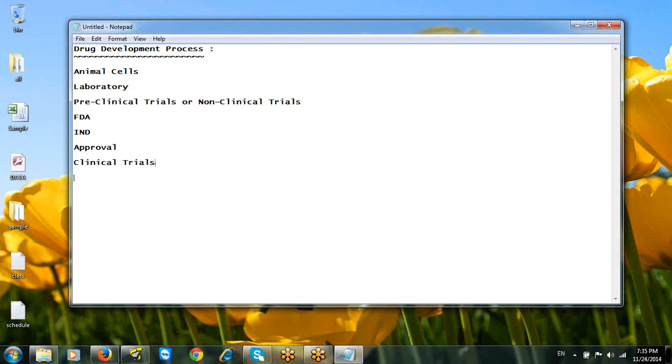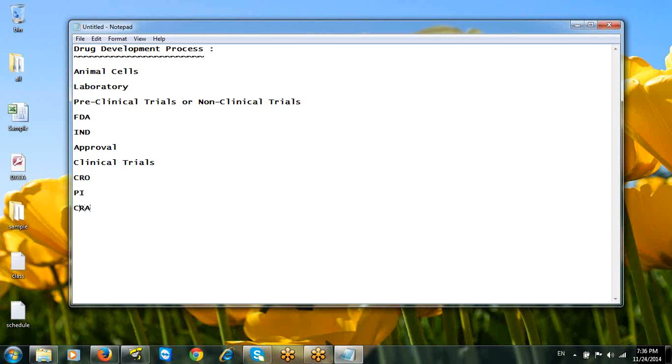But directly, the pharmaceutical industry itself will not proceed with the trials. It needs the help of contract research organizations, where they will select the investigator. Here they will recruit the principal investigator. And here we used to have the clinical research associates.